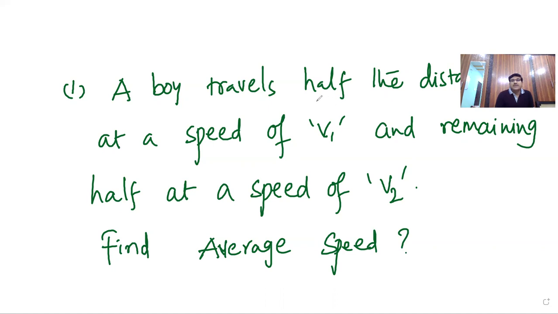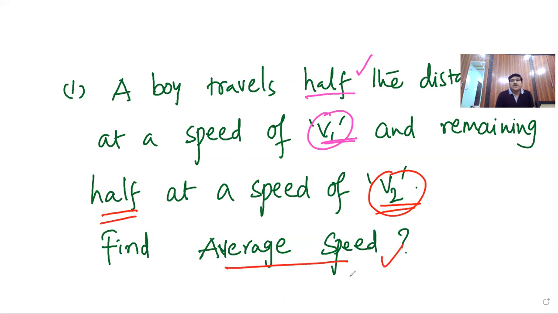Initially, the boy is traveling half the distance at a speed of v1. Then the remaining half is traveled at a speed of v2. Now he is interested in the average speed. Clear? Let us solve this problem. Observe.